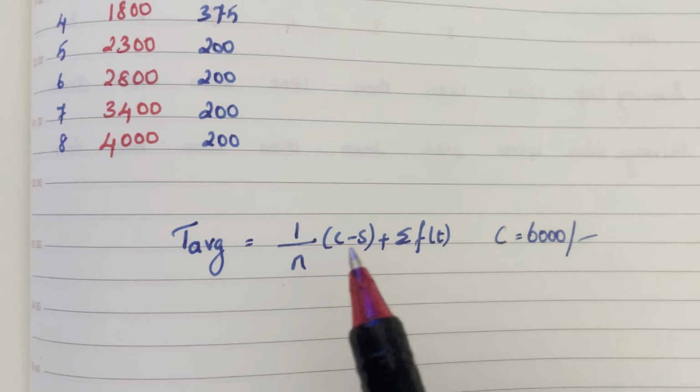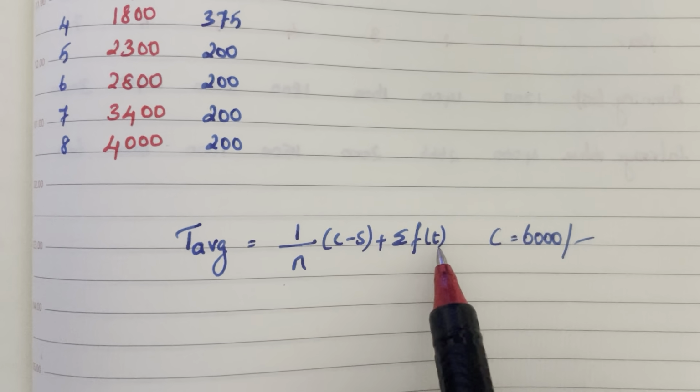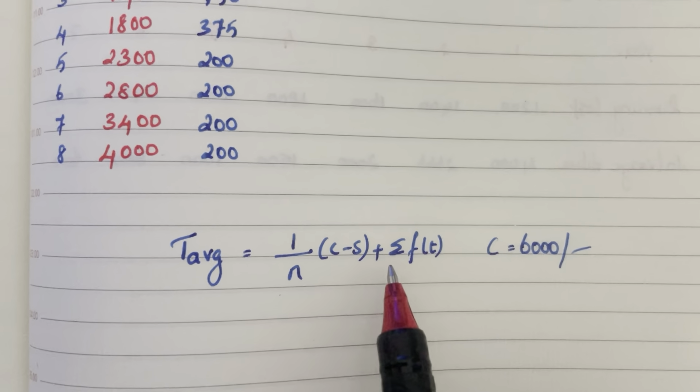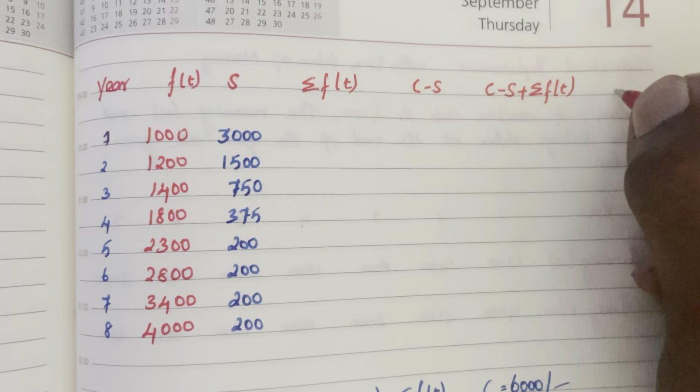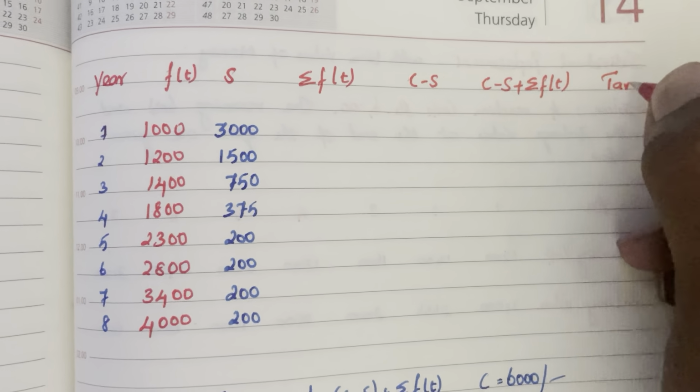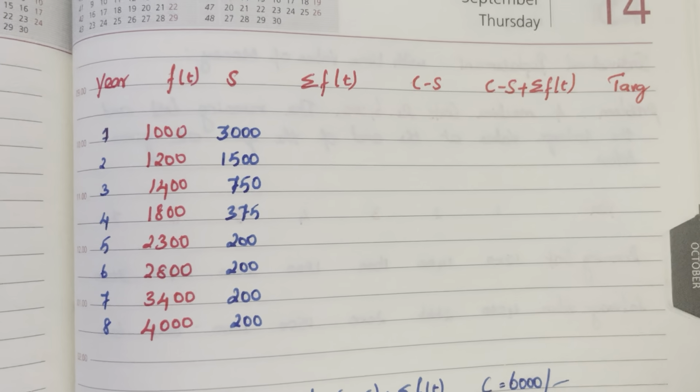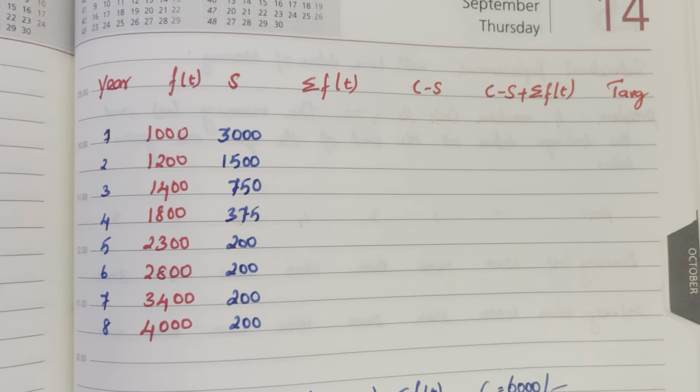So the entire equation has to be divided by the year. That is the final formula, which is T average.